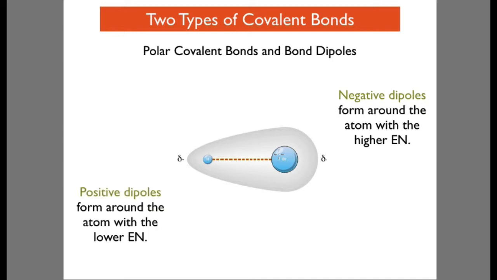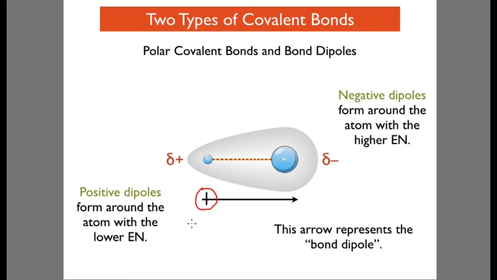So bromine will have the delta negative, and the positive dipoles form around the atom with the lower electronegativity. And there you can see again the delta negative is next to the bromine, and the delta positive dipole is next to that hydrogen.